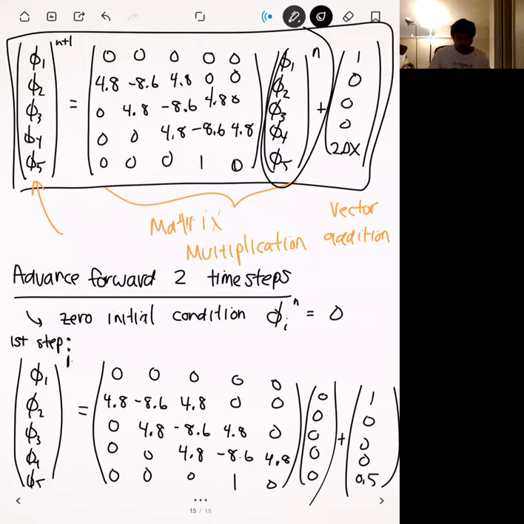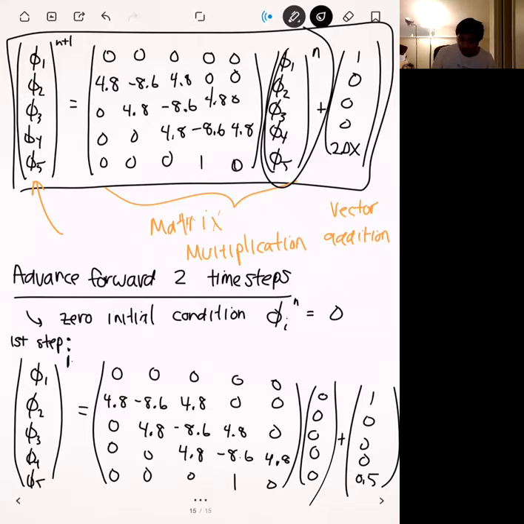All we have to do to solve for the solution after the first time step is just perform this matrix multiplication. We have all these guys times 0, which is just 0 all the way around. And then we have this guy on the right.